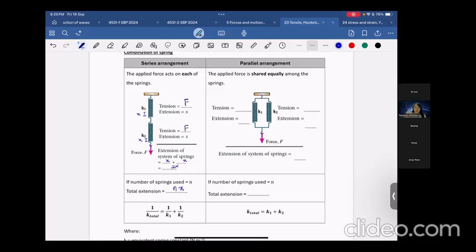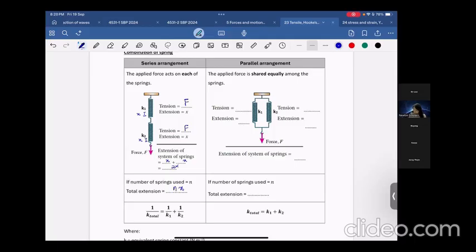If I assume this is one single spring system, how can I calculate the spring constant? 1 over total K equals 1 over K1 plus 1 over K2. This is how we find the overall spring constant.